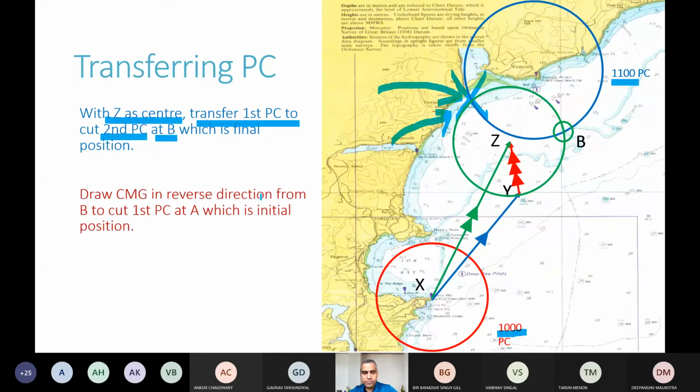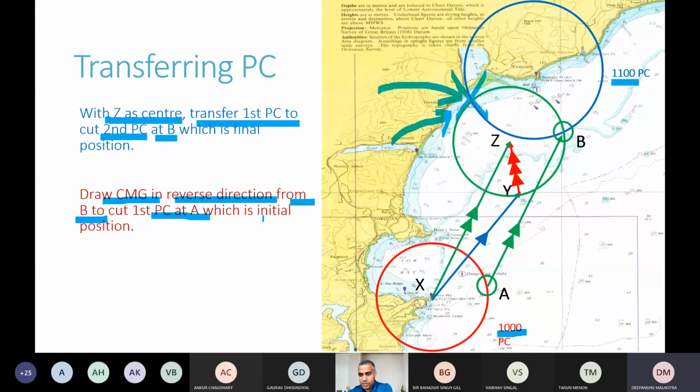So let's apply it. Draw the CMG in the reverse direction from B to cut the first position circle at A. So we have drawn the CMG in the reverse direction. Mark it with double arrows again. And wherever it takes us on the red circle is our initial position A.